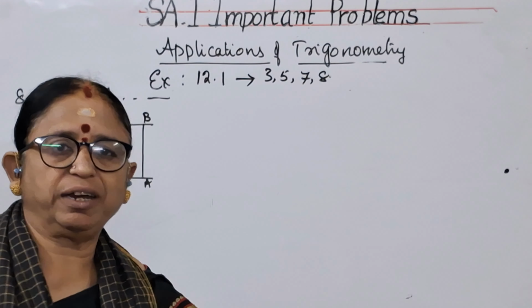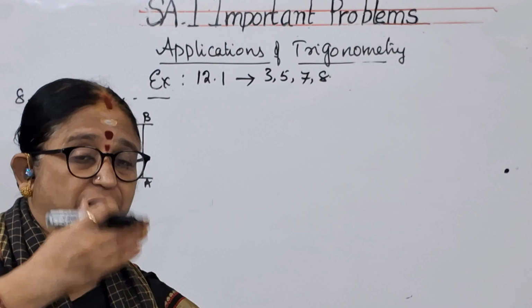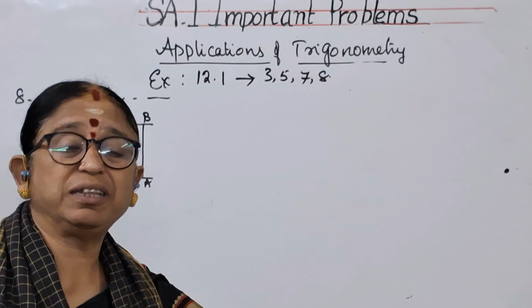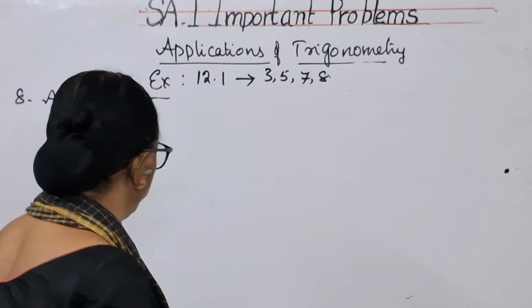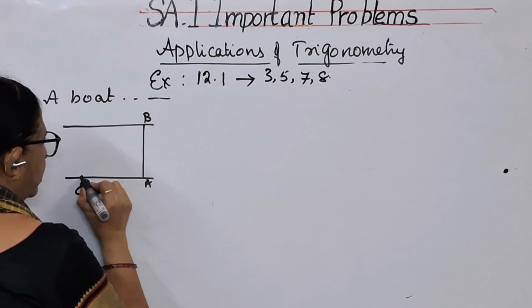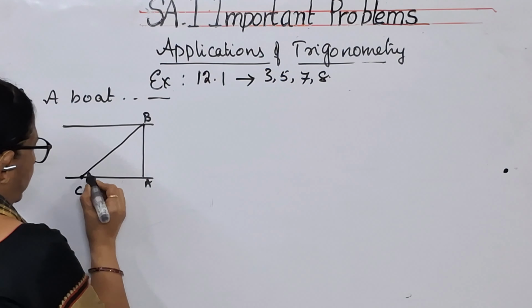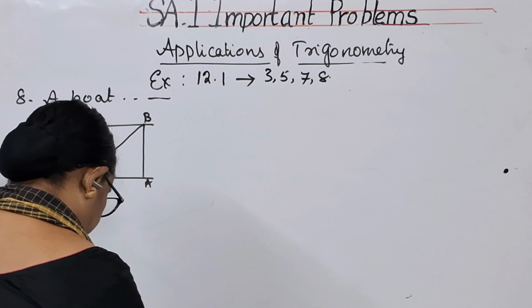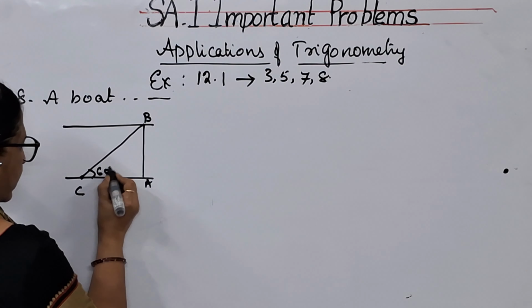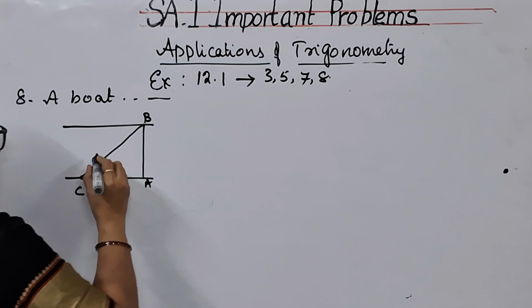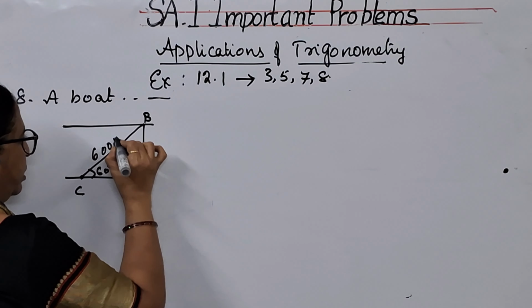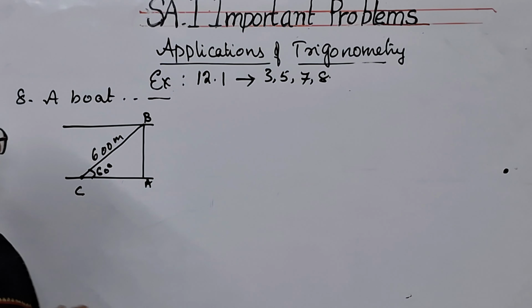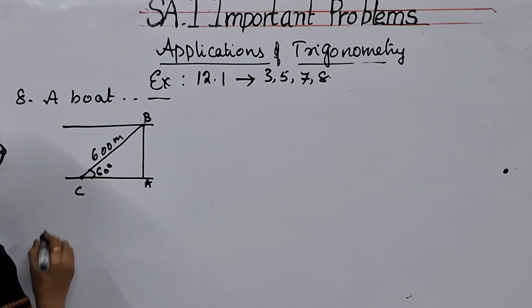Directly straight it cannot go because of the waves that are coming in that river. So it has to make an angle of 60. The angle they have given is 60 degrees. It is making that, and it has travelled totally 600 meters to cross this. Now the question is, what is the width of the river?